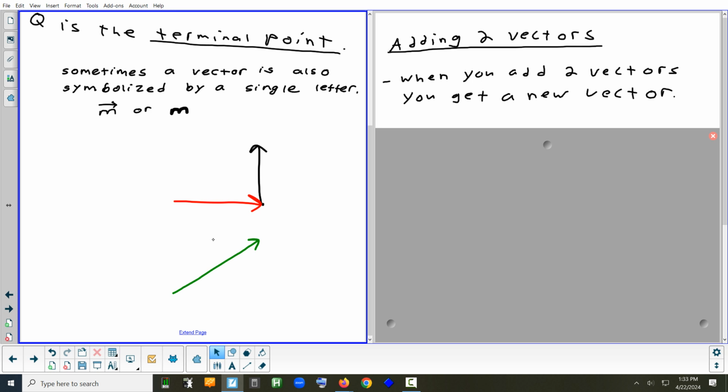Notice it's a different length than both of the originals, and it's a different direction. So when you combine two vectors, you can get a new vector that points a different way and can be a different length, depending on the two vectors you combine.